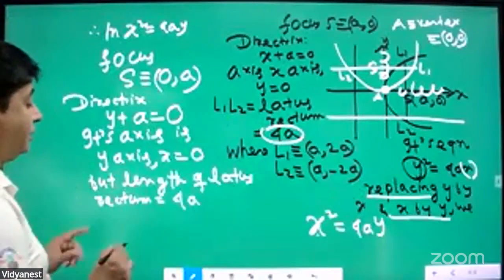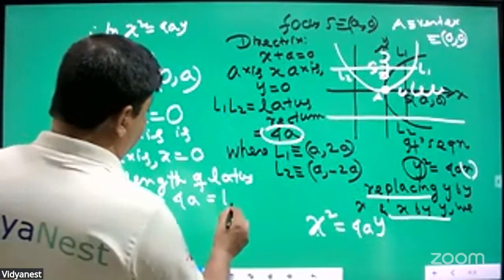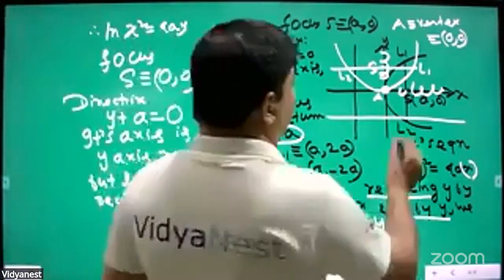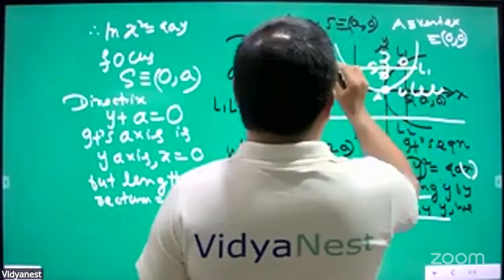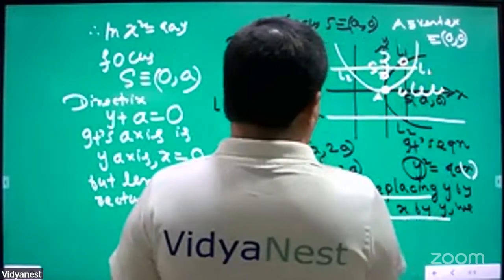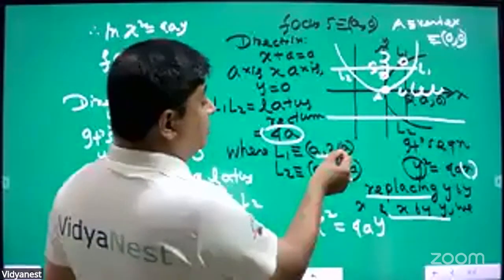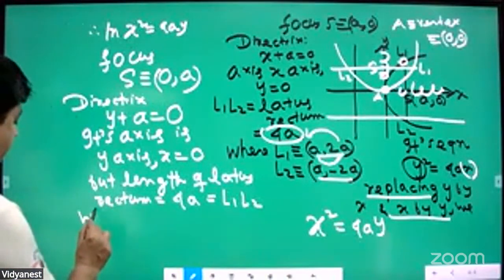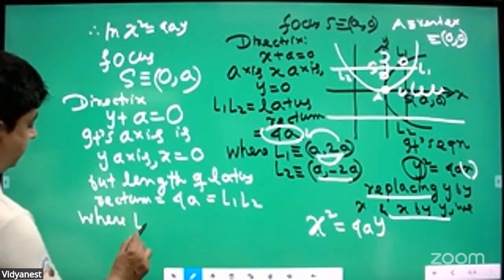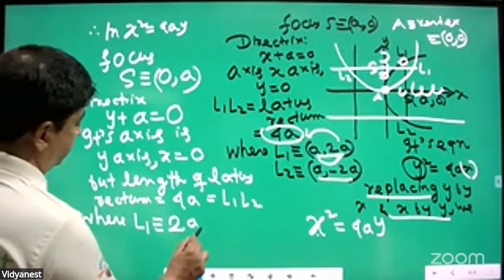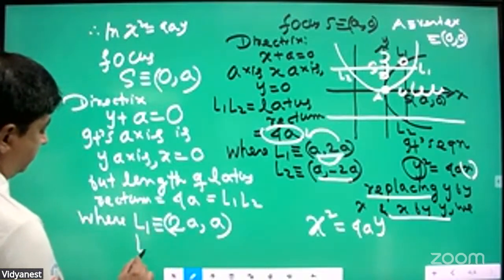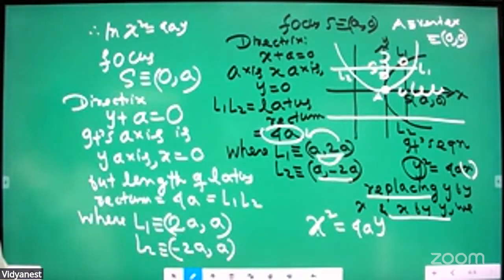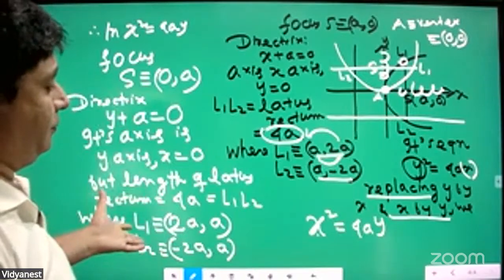So length of the latus rectum will be same, but the position or coordinates of the extremity will be changed. Here we got L1 as a comma 2a, L2 was a comma minus 2a, it will be just reversed: L1 is 2a comma a, and L2 is minus 2a comma a. So this is the basic of the parabola.